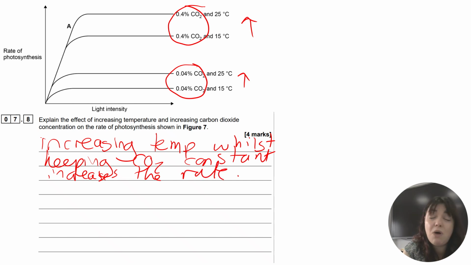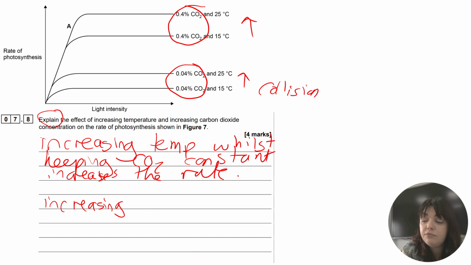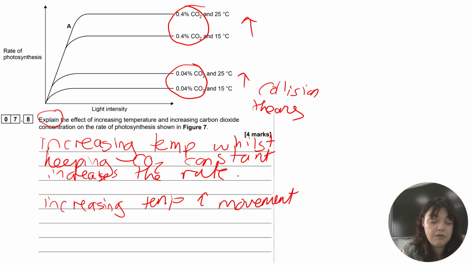Okay, so there's quite a lot that you need to write in order to get the 4 marks here. I think, again, it's a bit of a mean question. Okay, increasing temperature, and now because we're explaining it, we need to say, why does increasing the temperature have an effect? So this is essentially collision theory. Okay, so increasing temperature increases the movement or the kinetic energy of the particles.